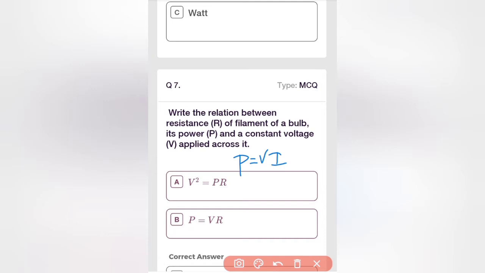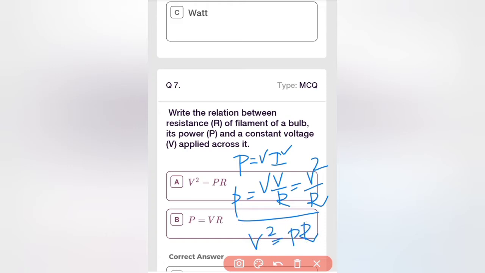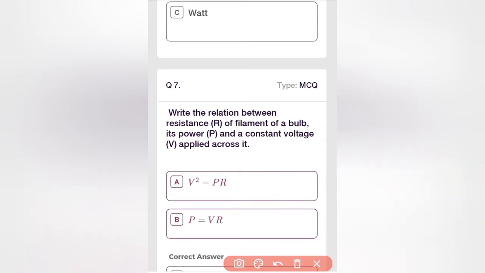And instead of I, if I substitute I equal to V by R according to Ohm's law, we get V into V by R, which means V square by R. So from this we can write V square is equal to P into R. Option A is the correct answer.